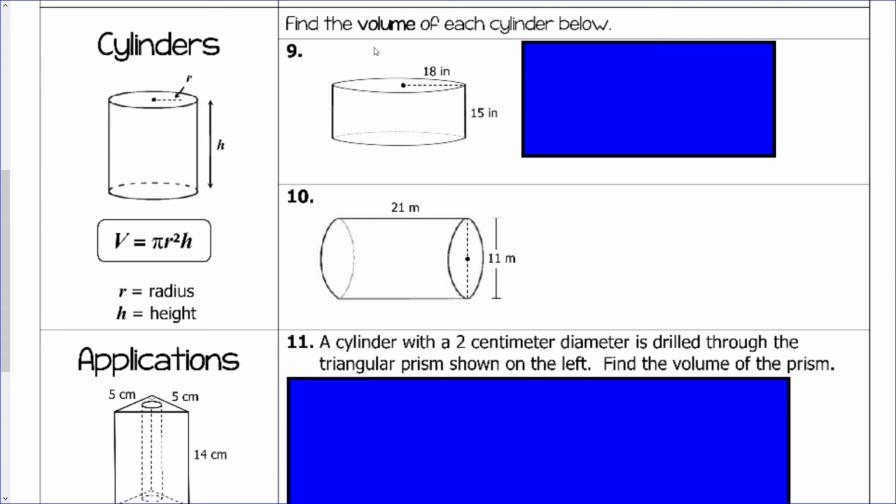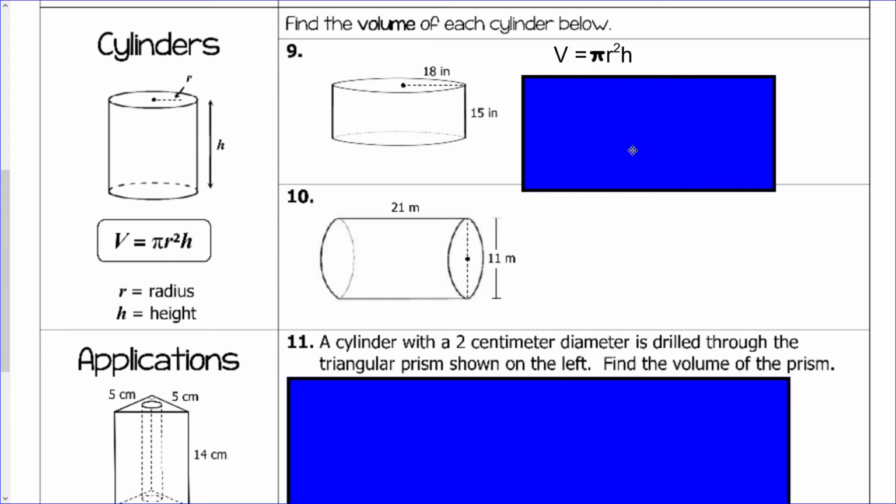All right, so we'll find the volume of this cylinder here. 18 inches is the radius. Always with cylinder questions, as with any circle questions, be careful about diameter and radius to make sure you're using only the radius to find those areas. Okay, so it's pi r squared h, just like here.